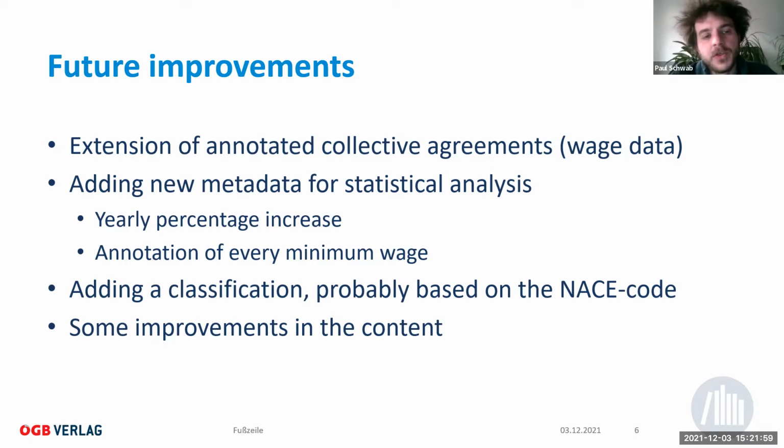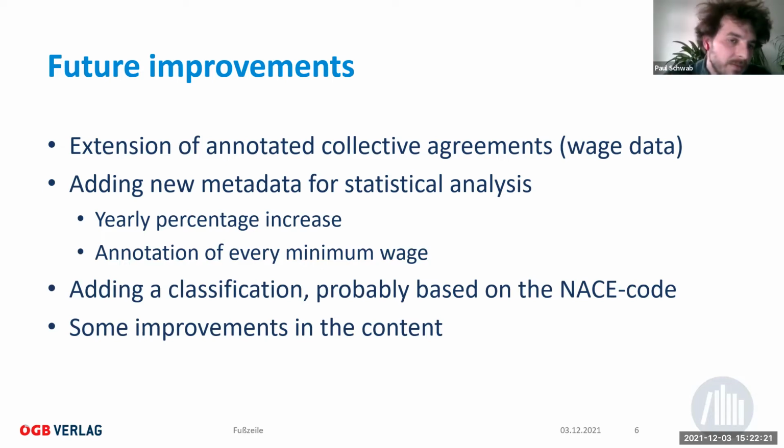Then also some new metadata for statistical analysis, because we sometimes get from the union some special data. So yearly percentage increase, for example, to compare it over the years.